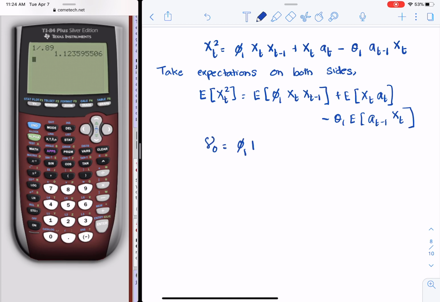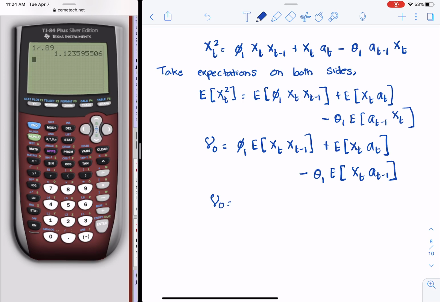You could bring phi 1 out, expectation of x t times x t minus 1, plus the expectation of x t times a t, minus theta 1 expectation of x t, a t minus 1. And we will have gamma naught equals phi 1 gamma 1 plus expectation of x t a t minus theta 1 expectation of x t a t minus 1.